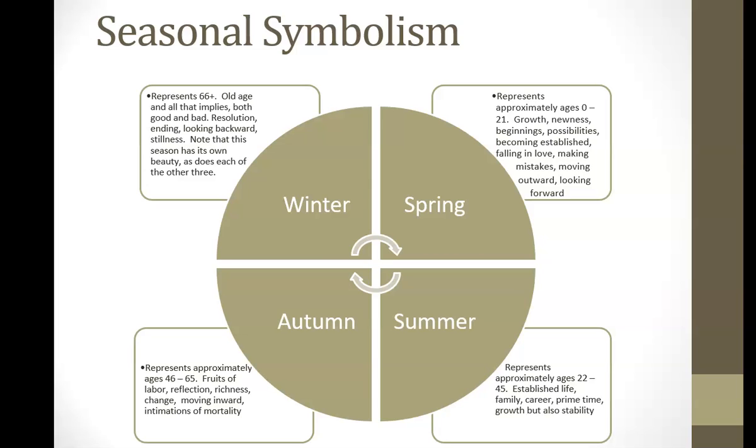In the upper right-hand quadrant, if you think about spring usually represents ages 0 to roughly 21, or whenever it is before somebody really launches into their careers, they're done with their education, their families, and that's actually getting older and older.